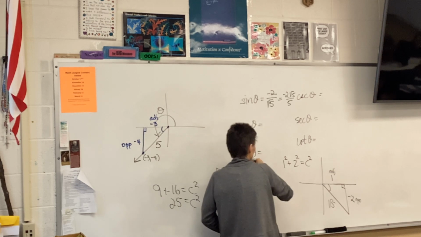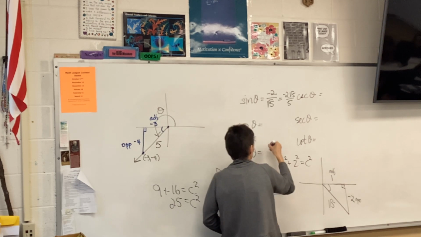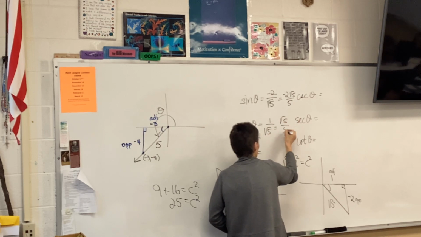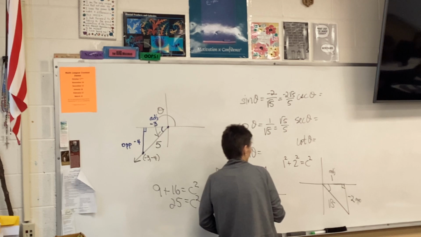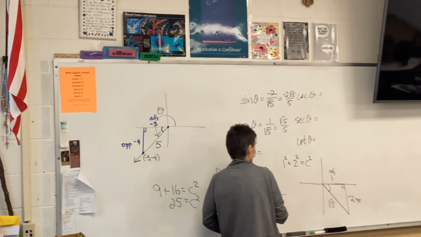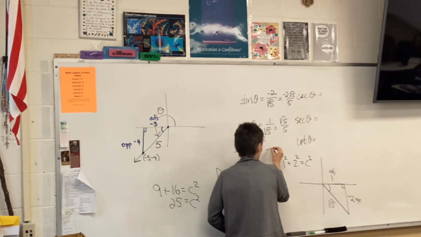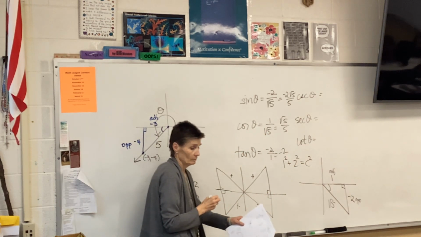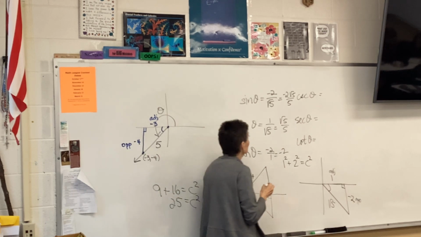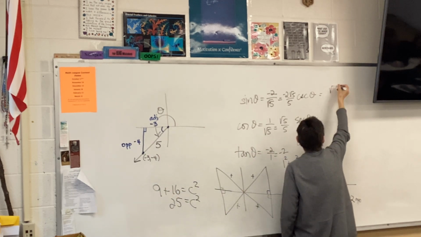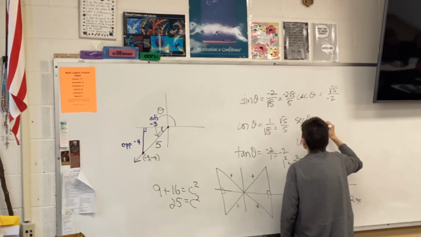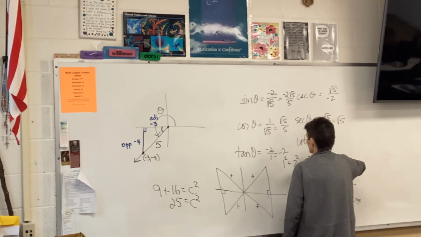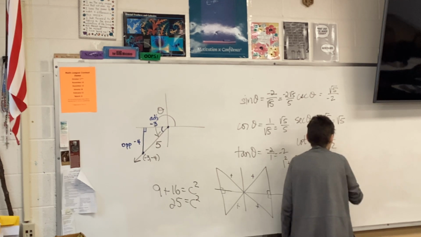What's my cosine? 1 over root 5, root 5 over 5. And what's my tangent? -2 over 1, or just -2? Cosecant root 5 over -2. Secant root 5 over 1. And cotangent -1/2.